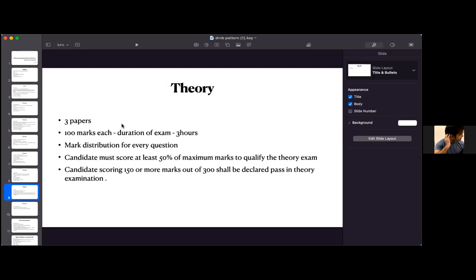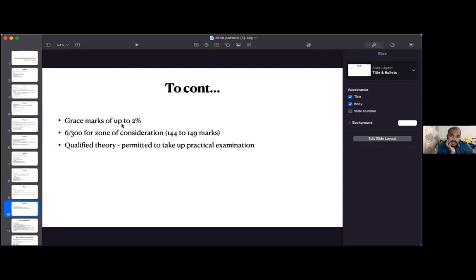Okay. As you all know, the candidate must score at least 50% of the maximum marks to qualify the theory exam, and the candidate scoring 150 or more out of 300 shall be declared pass and is eligible for appearing in practicals. I think some of you have a doubt about grace marks.